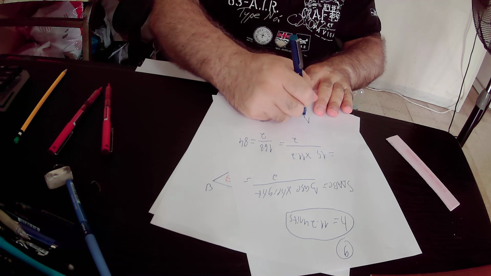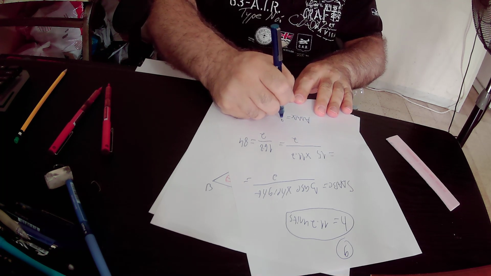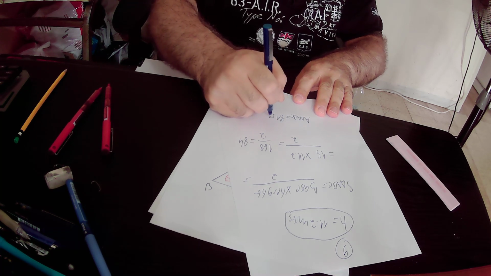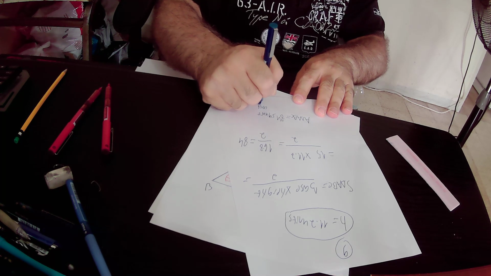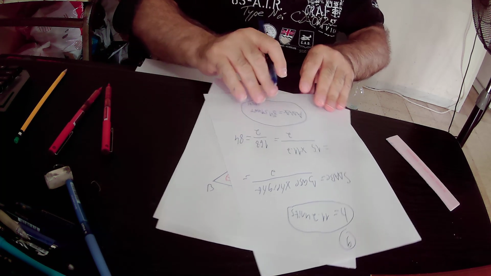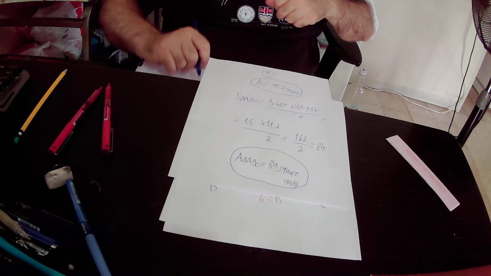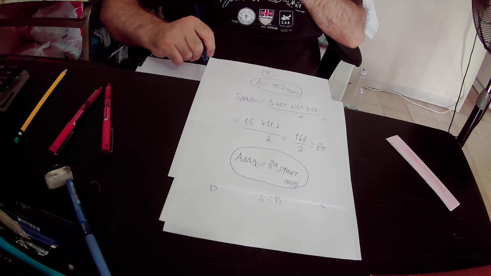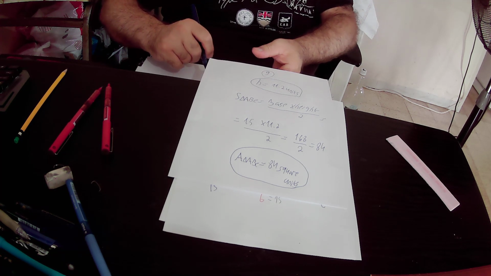So the area of triangle ABC equals 84 square units. Okay, so we found out that the area of triangle ABC equals 84 square units.